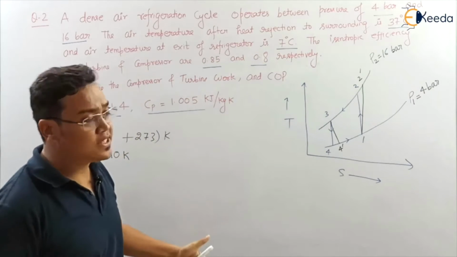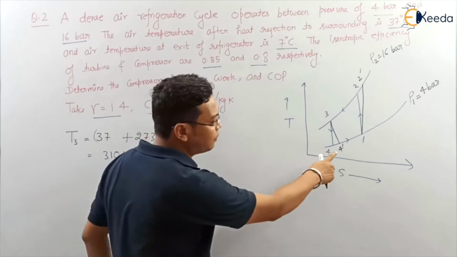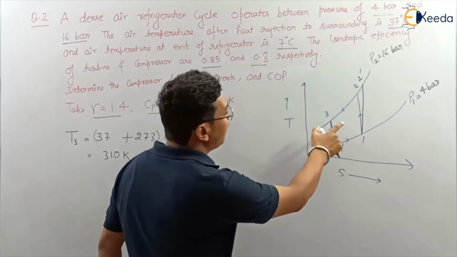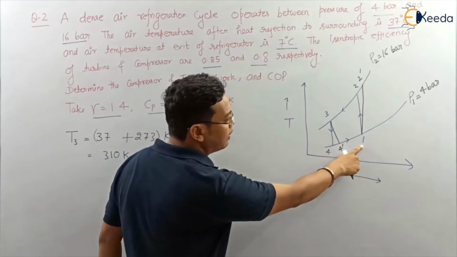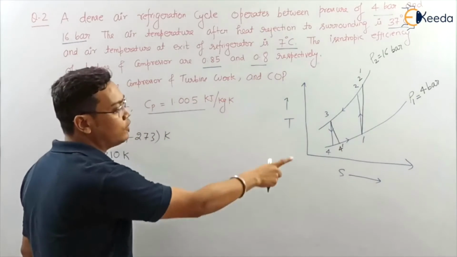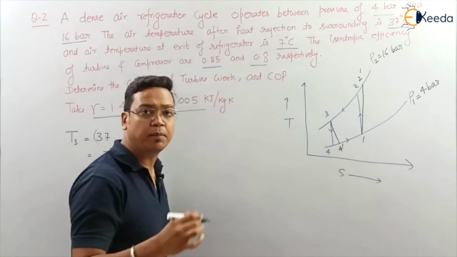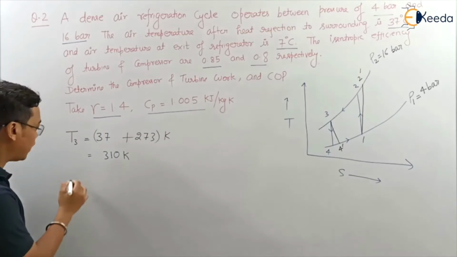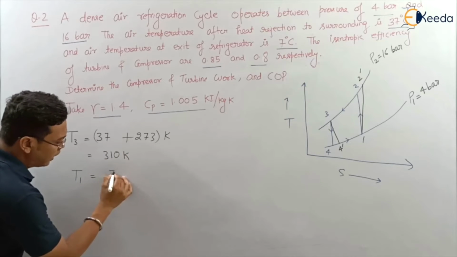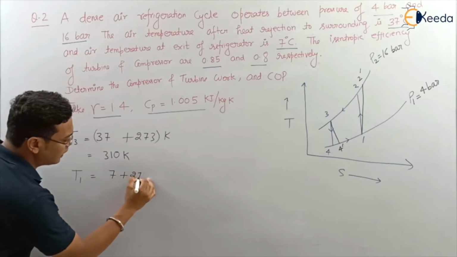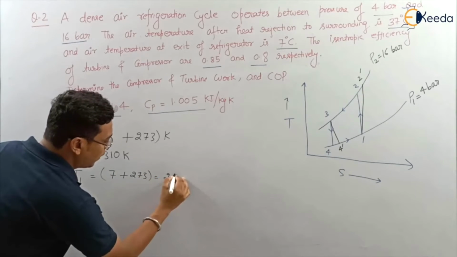The refrigerator process, the cooling or heat addition process, is 4 dash to 1. So 1 is the exit of the refrigerator. So T1, directly in Kelvin, is 7 plus 273, which is 280 Kelvin.